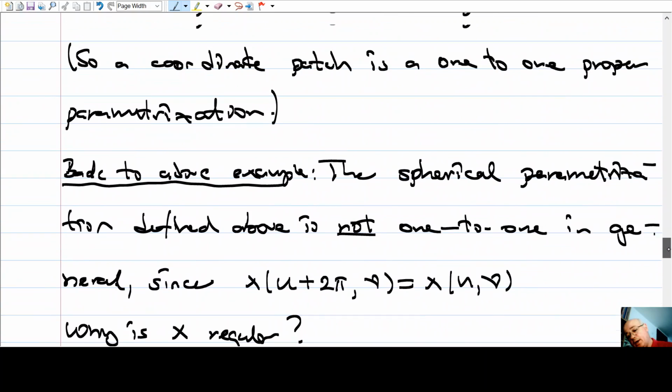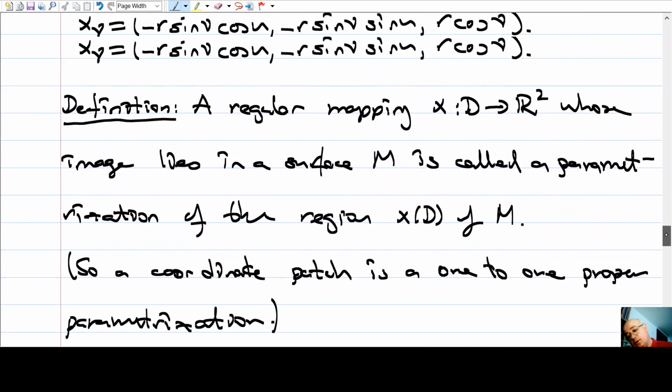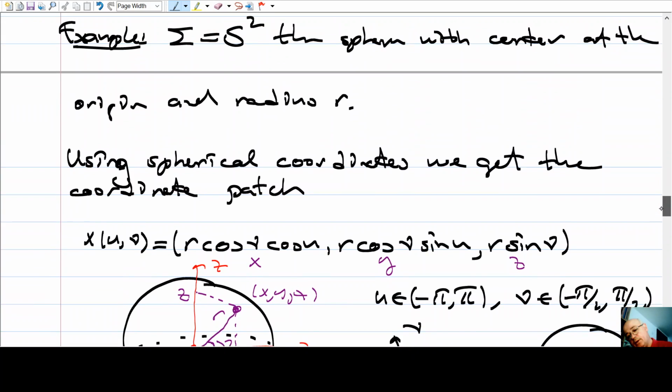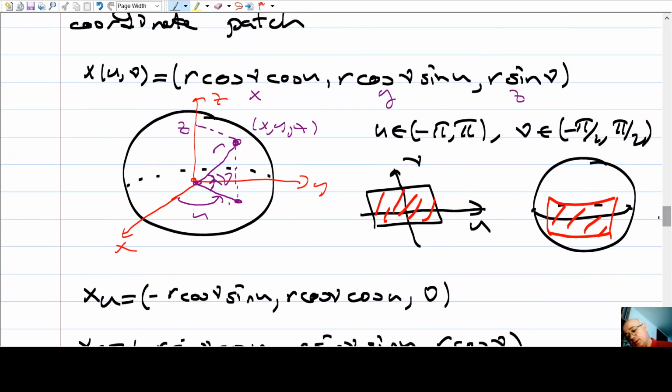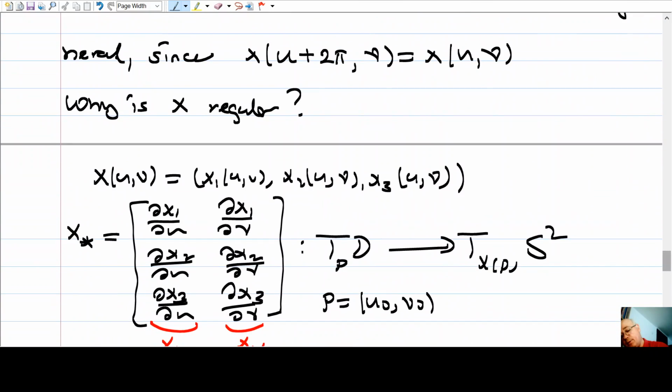That's why here we considered the variable v only in the interval minus pi over 2 to plus pi over 2. This means that this angle goes from minus pi over 2 to plus pi over 2, so it excludes the south and north pole points, where the angles are pi over 2 and minus pi over 2 namely.